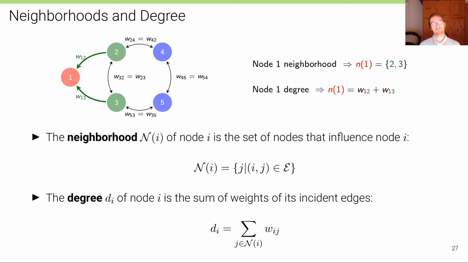In other words, the degree specifies how many nodes, and how strongly, have an influence on the particular node we want to compute the degree for. This is the neighborhood and the degree of a node i.